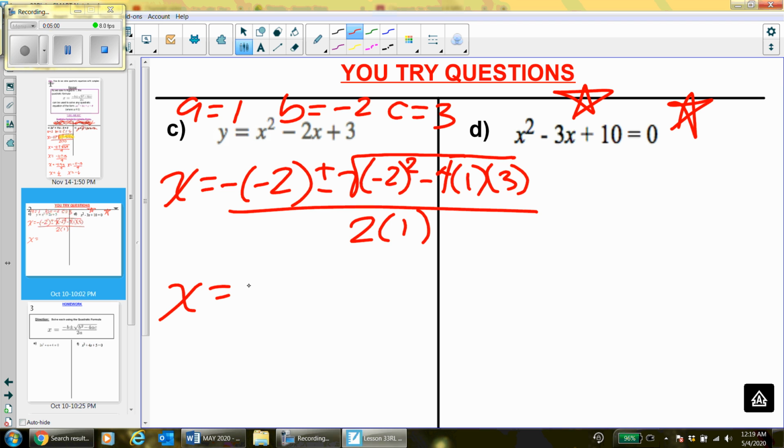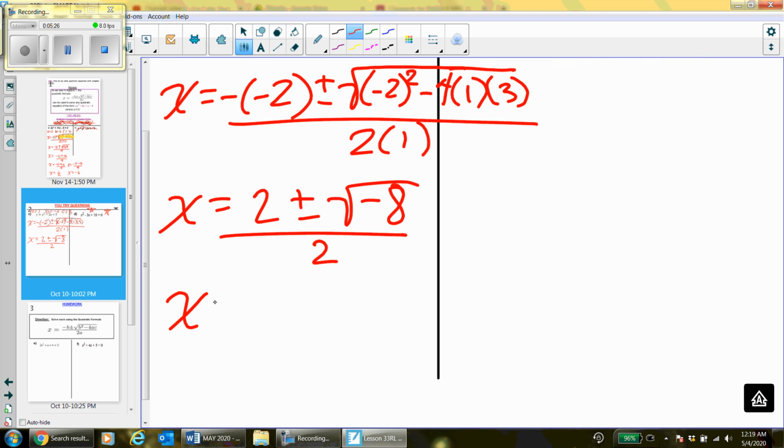Again, I'm plugging the discriminant into my calculator, which is negative 2 squared minus 4 times 1 times 3. Perfect. So negative 2 becomes a positive 2. Square root of negative 8. Again, complex root means that it's going to give us that imaginary number divided by 2.